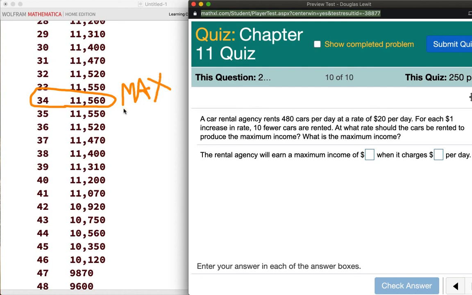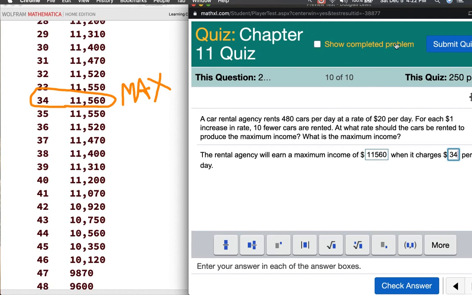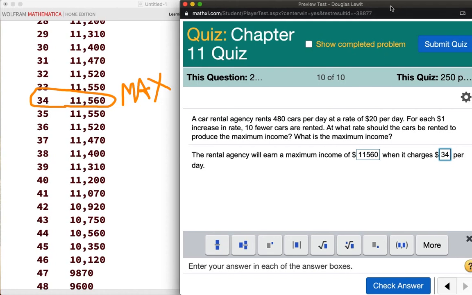Okay, so that's going to be, the rental agency will earn a maximum income of $11,560 when it charges $34 per day.